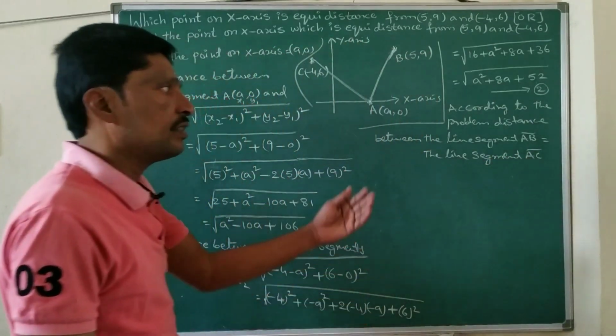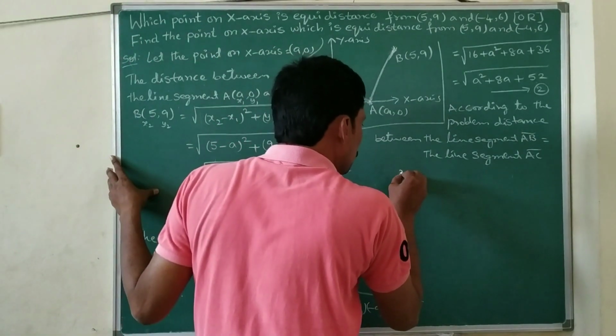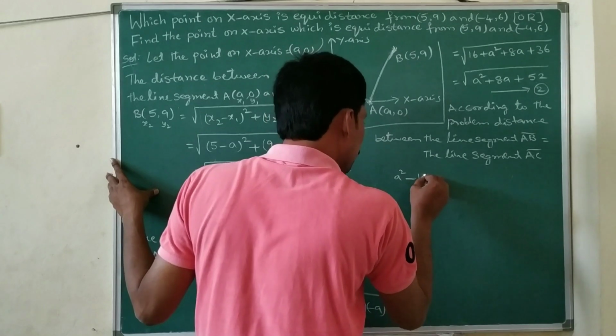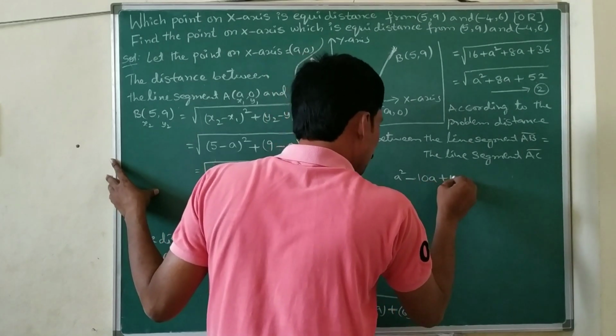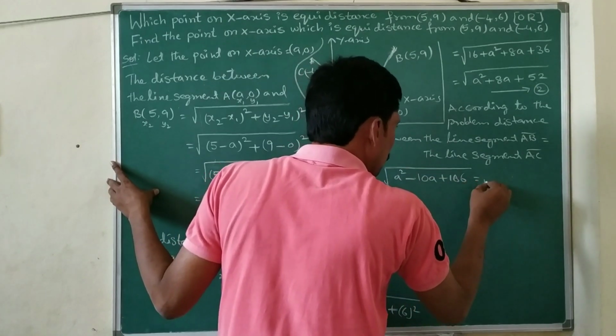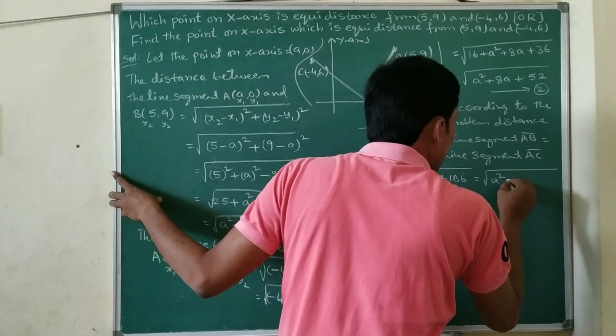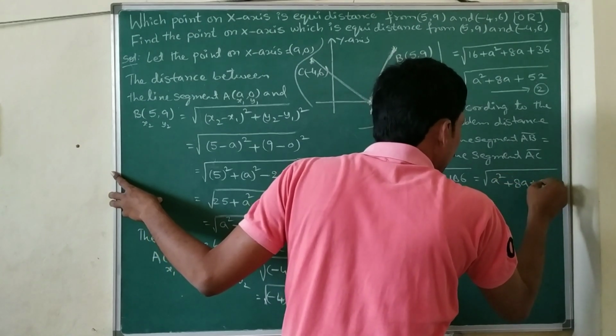The distance AB we got as under root a square minus 10a plus 106, which equals under root a square plus 8a plus 52.